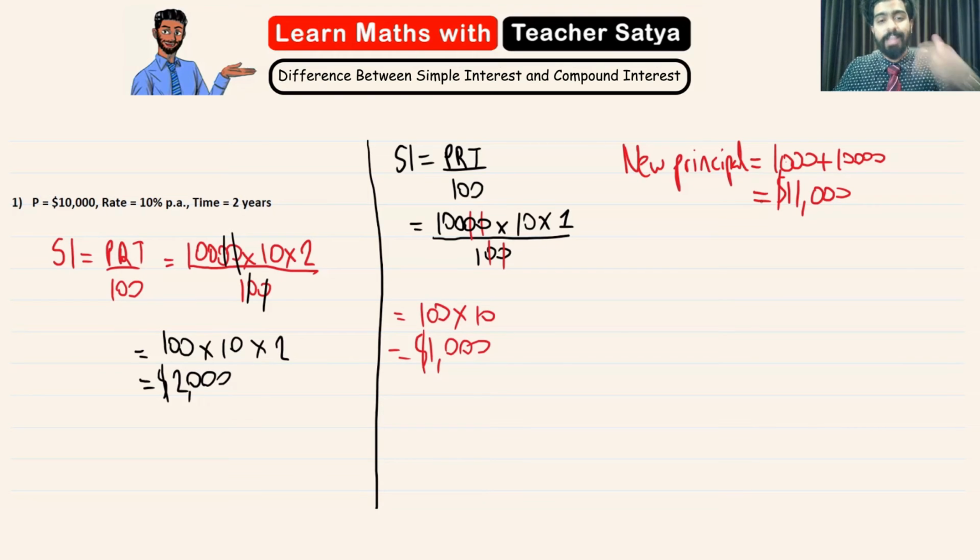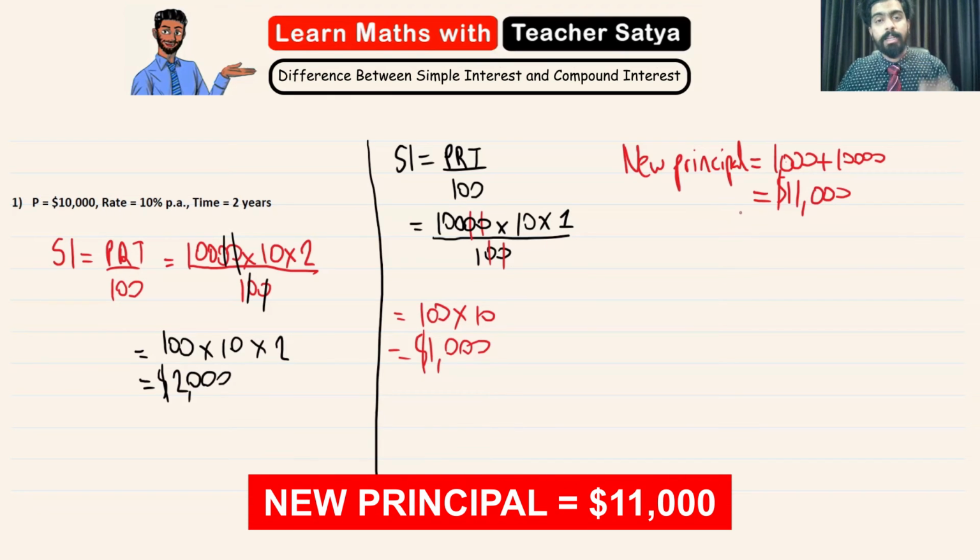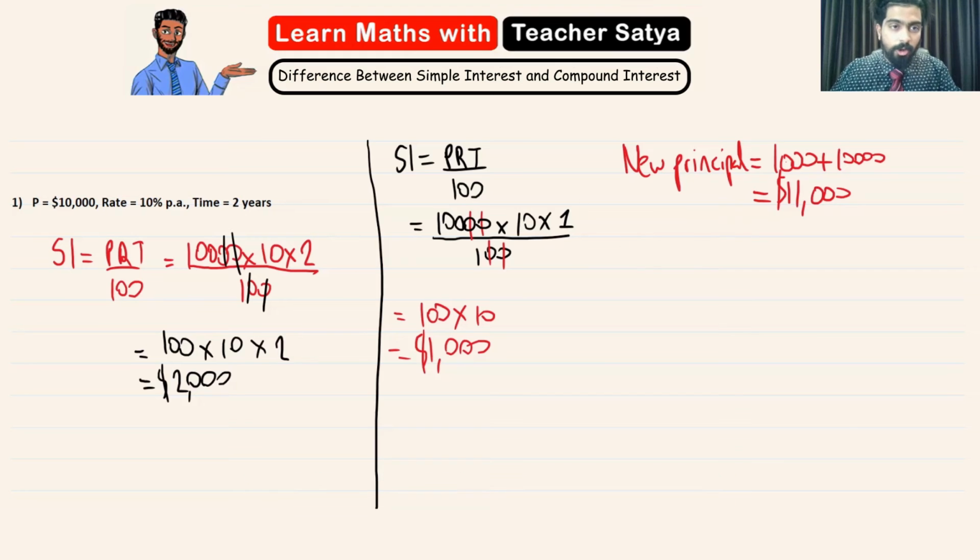And for the second year, we would calculate the interest using the principal of $11,000. So let's go ahead and calculate it one more time. So the SI is PRT over 100. And in this case, the new principal is 11,000.